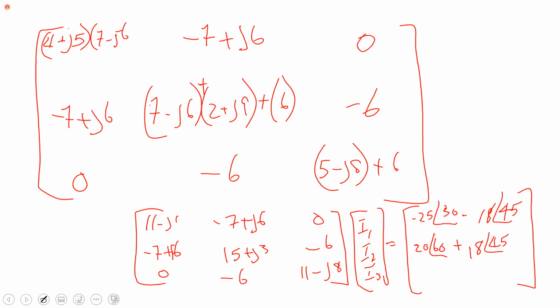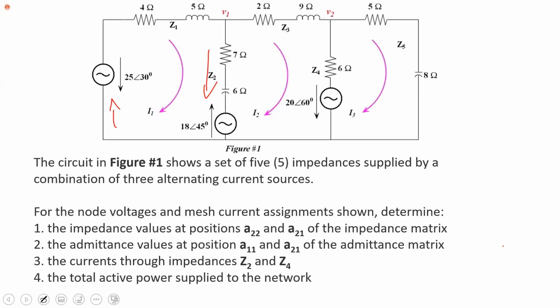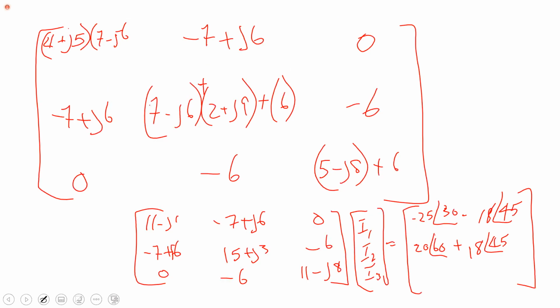And then for mesh 3, we would have minus 20 at 60. So this is what we will be solving for I1, 2, and 3.